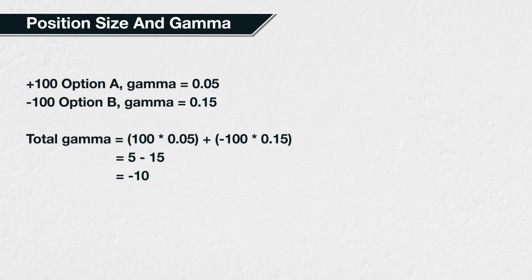Remember, we have sold the second leg here, so the position size is minus 100 rather than just 100. This gives us negative gamma for that leg, and the total position also now has negative gamma. This means you would expect the delta of the position to decrease by 10 if the underlying price increases by $1 and all else remains equal.